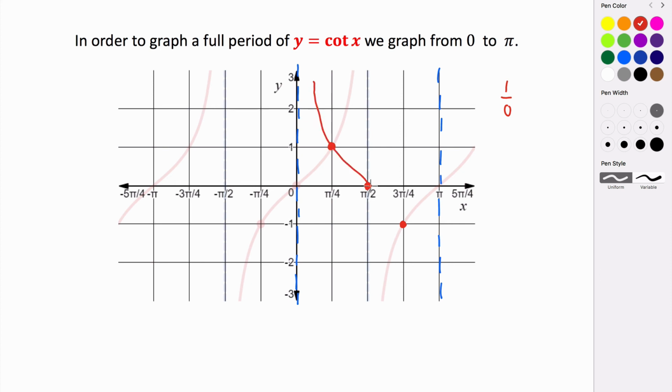So it's going to look something like this. This is the cotangent function. And you can see that one cycle of the cotangent function goes from 0 to pi. That's because of the way that we're using the values of tangent to find the cycle for the cotangent function.